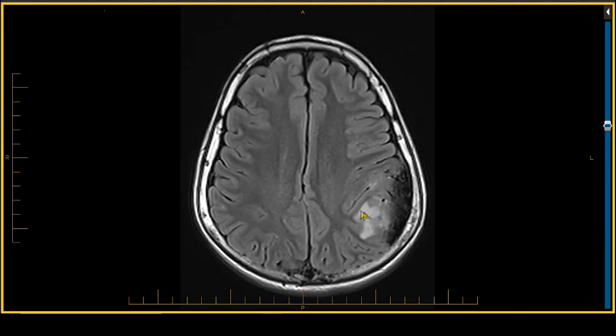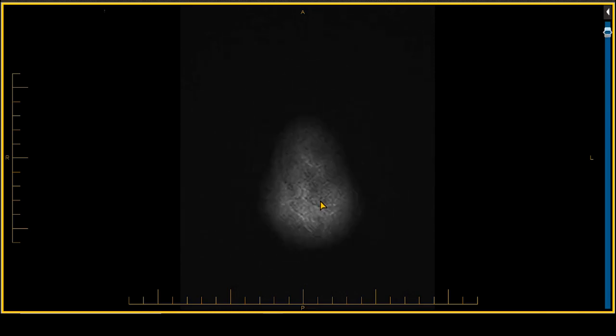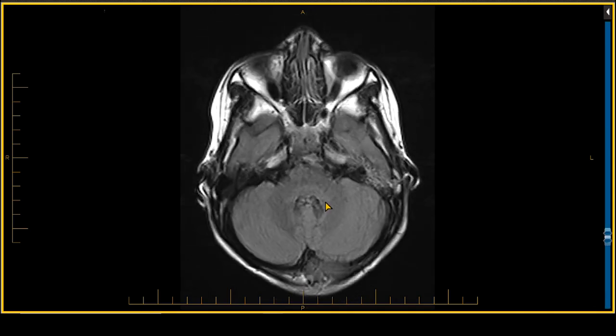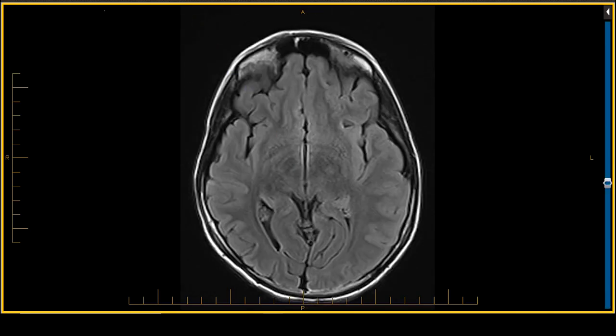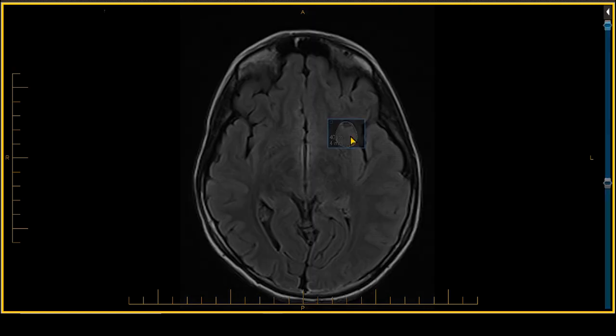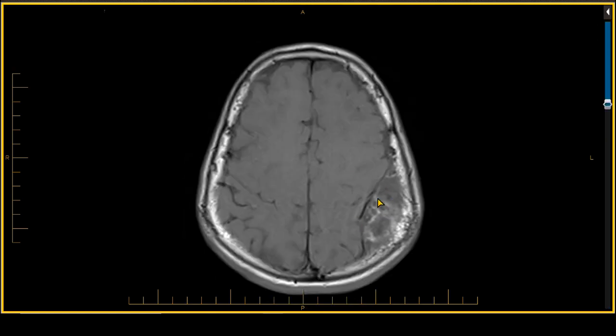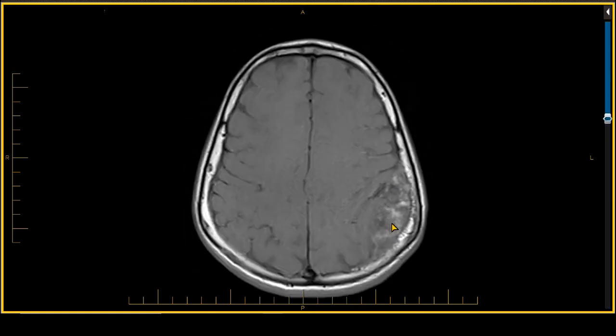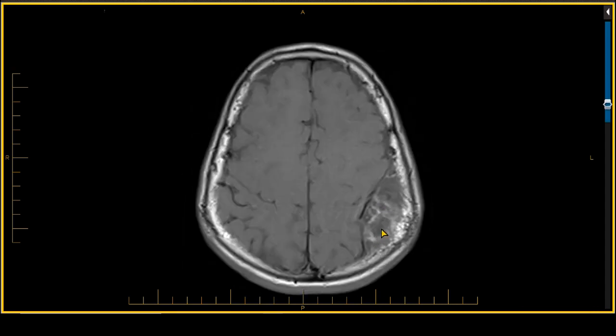There really isn't much in the way of midline shift. You probably want to look at the T1 weighted scan as well, and it shows the mixed signal intensity blood products.